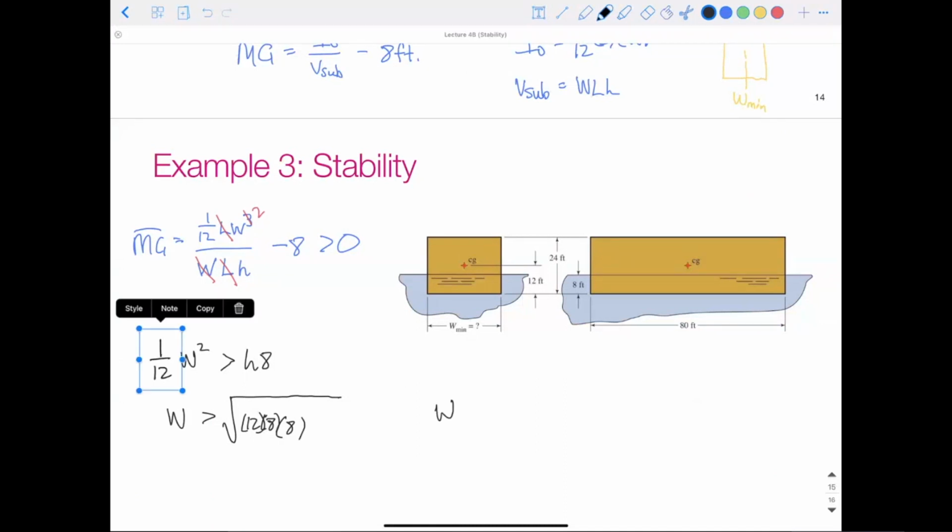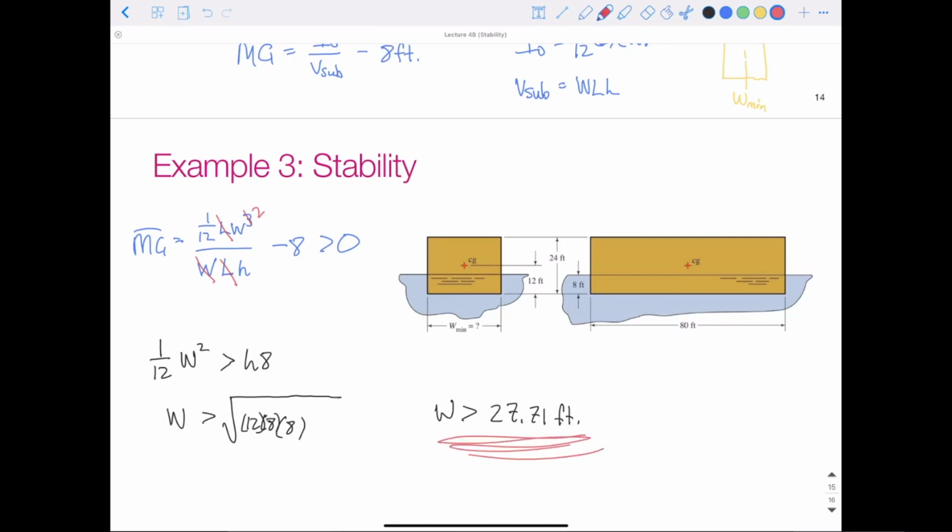So W must be greater than 27.71 feet. So for this barge to be stable, it has to be at least, say, 28 feet wide.